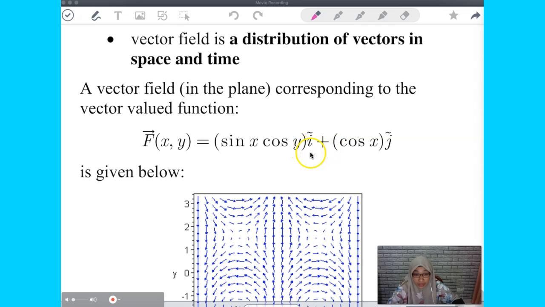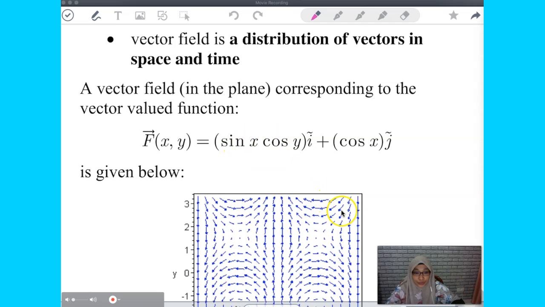But that is impossible to do, because if the x component is sine x cos y and the y component is cos x, do you think it is easy to sketch? So that's why we just assign a number and look at the output. You substitute the x and y and then we plot depending on the output of the vector function.